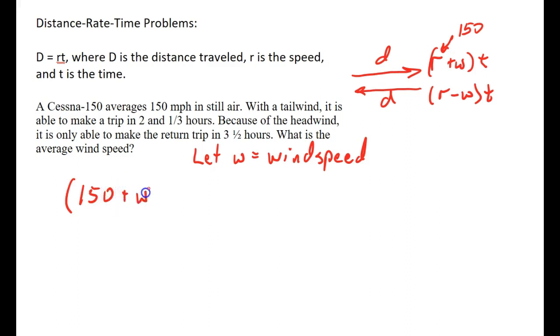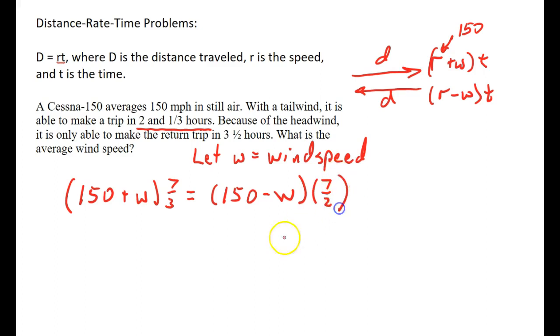150 plus W. Going with the wind, we get it done in 2 1/3 hours. So that is 7/3. Then we're going against the wind, so I have to subtract the wind, and that takes us 3 1/2 hours. That's 7/2.